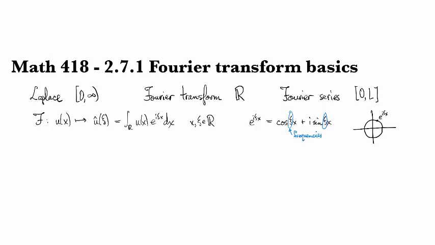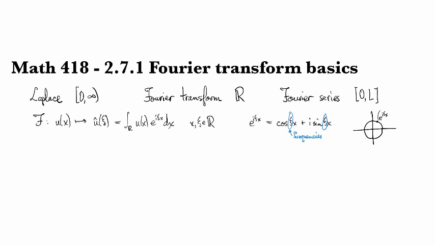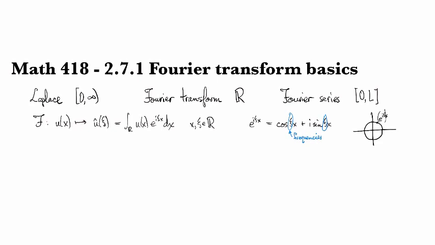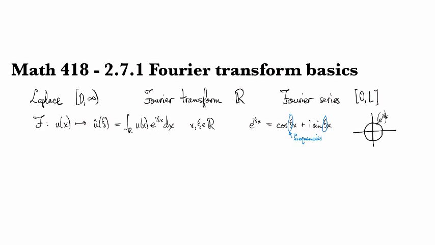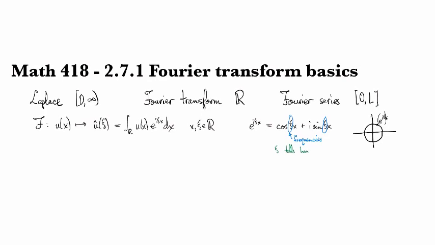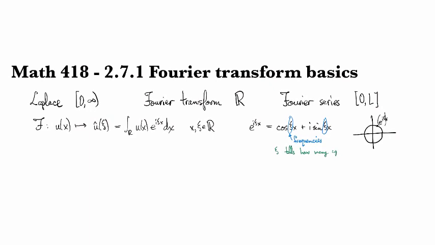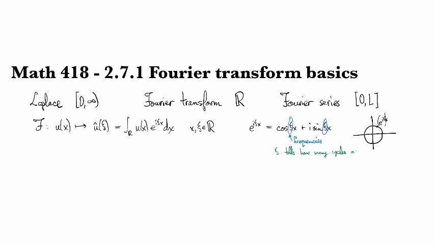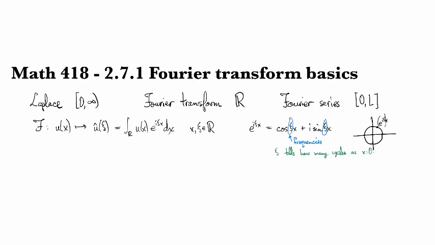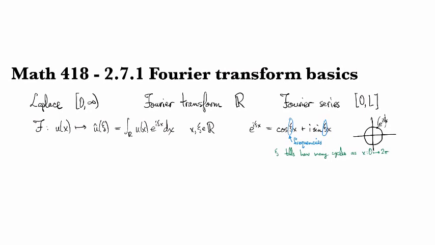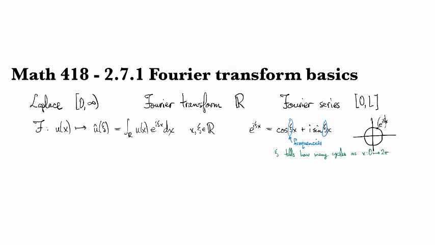If you consider this as e to the i xi raised to the power x, which it equivalently is, then the role of xi is that it tells how many cycles you make as x goes from 0 to 2 pi going around the circle.